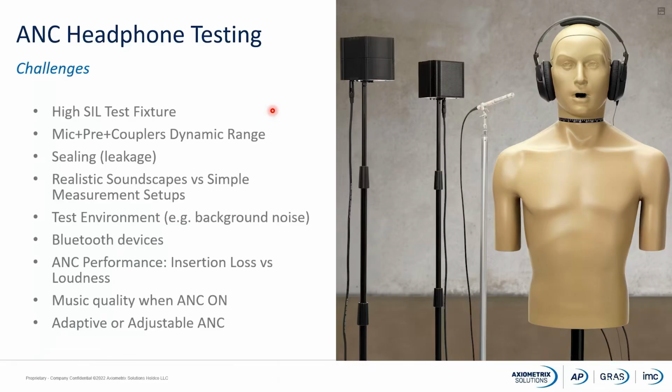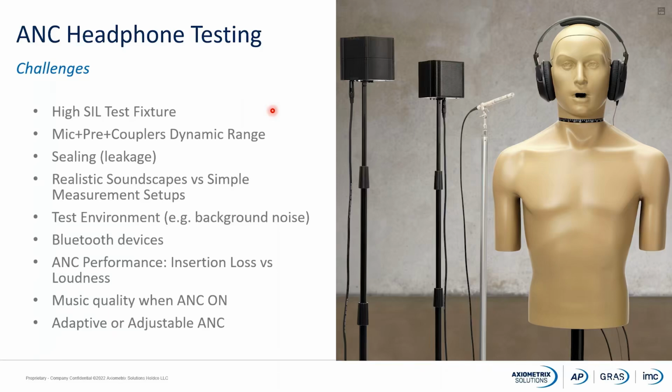So always check the specifications of your test fixture, like your head and torso simulator, and double check that your test results are not being limited by the self-insertion loss of the test fixture.